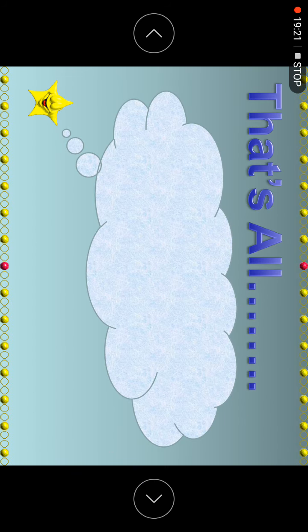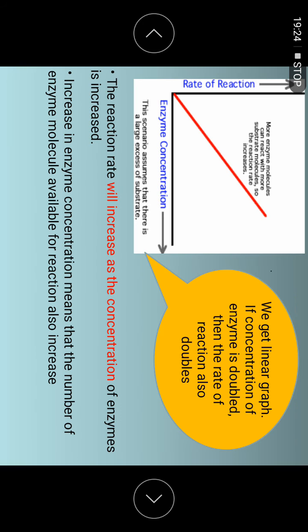But there is one condition here. If there is a limiting factor, if the amount of substrate here is limited, that means just now I said plenty of substrate means it will just go on.